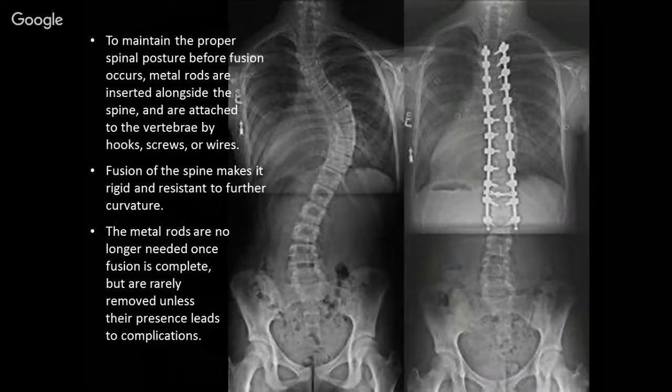To maintain proper spinal posture before fusion, metal rods are inserted along the spine and are attached to the vertebrae by hooks, screws, or wires. Fusion of the spine makes it rigid and resistant to further curvature. The metal rods are no longer needed once fusion is complete, but are rarely removed unless their presence leads to complications.